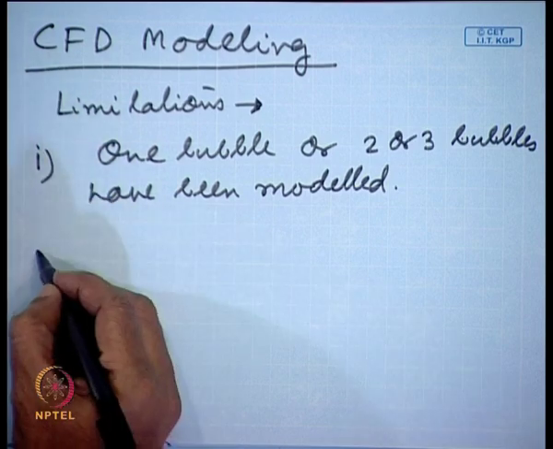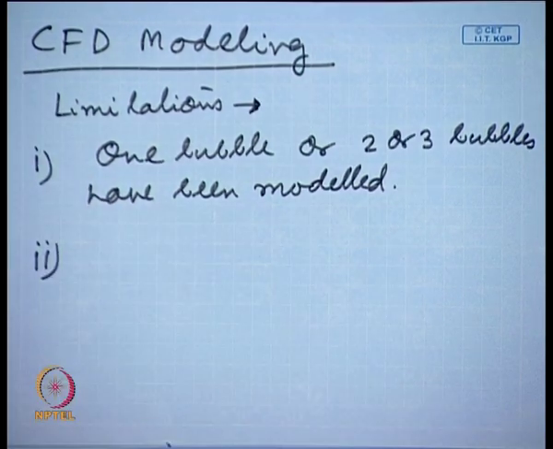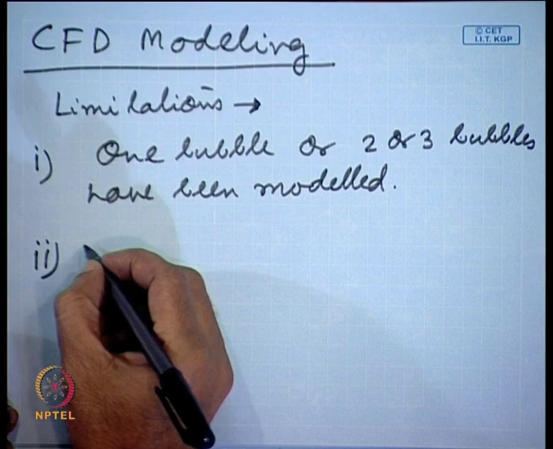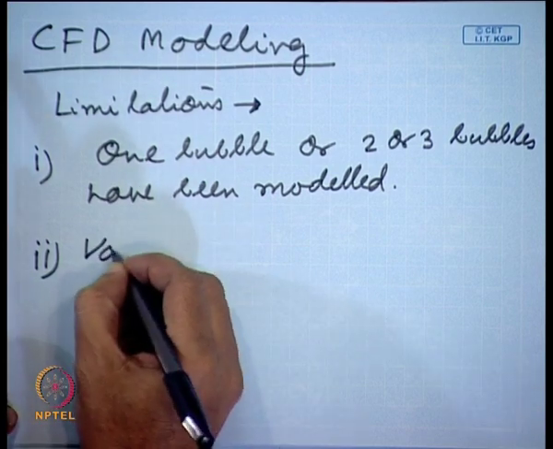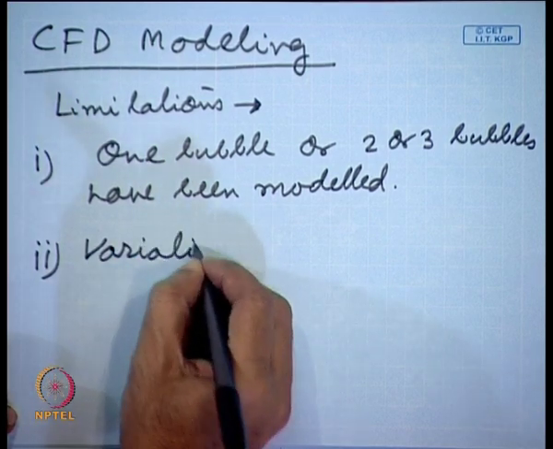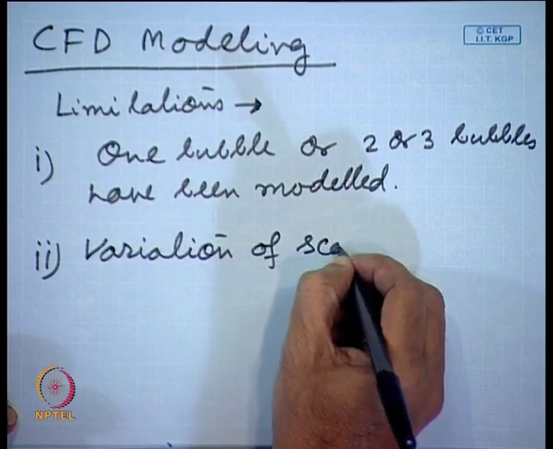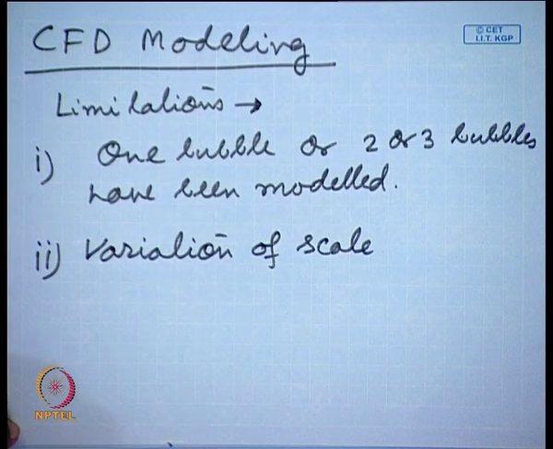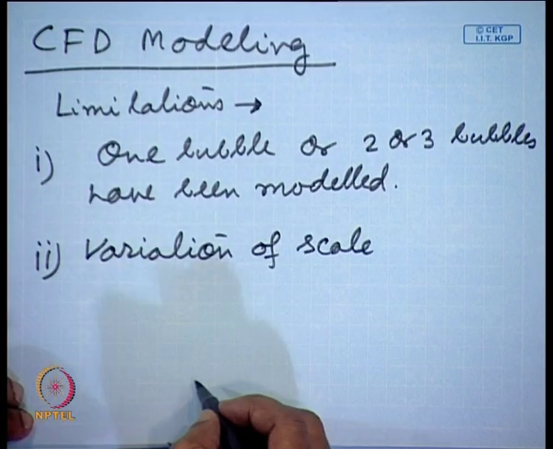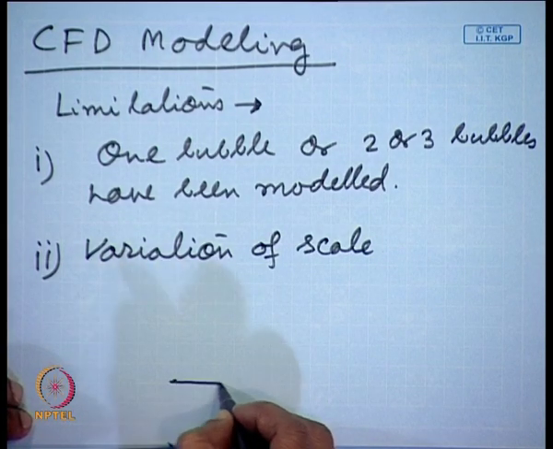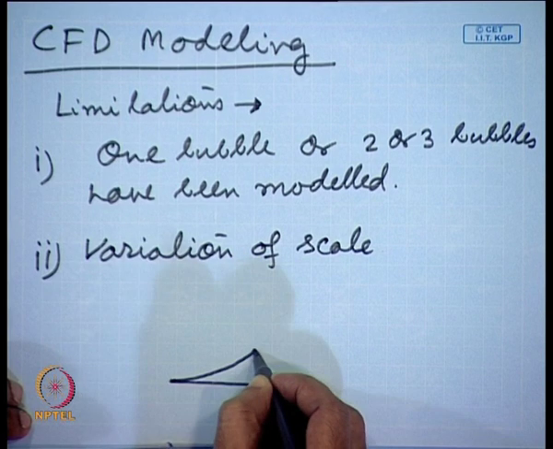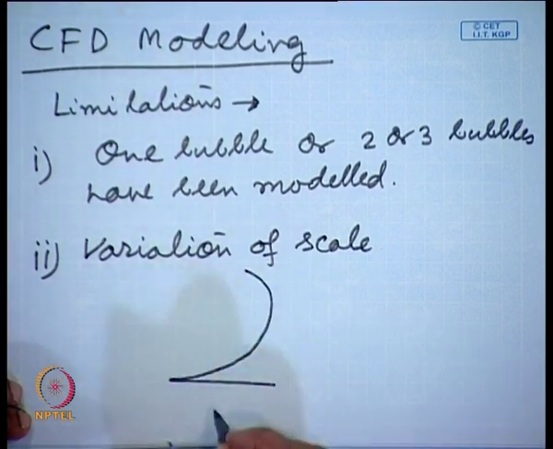The second restriction is the variation of scale. As I have told, we have got a bubble.